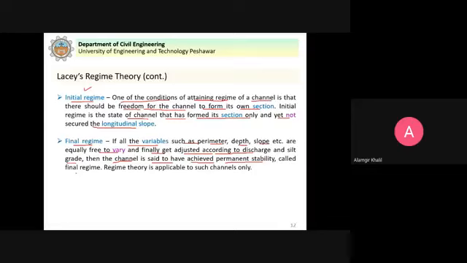And this is known as final regime. The channel is said to have achieved permanent stability, called final regime. So regime theory is applicable to such channels only.